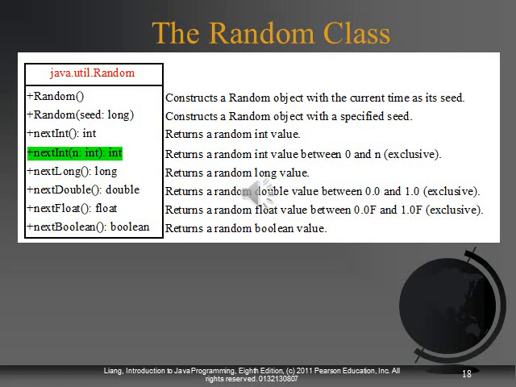Well, we've used Math.random, the Math class, to obtain a random double value between 0 and 1, excluding 1. But a more useful random number generator is provided by the util package and the class Random.